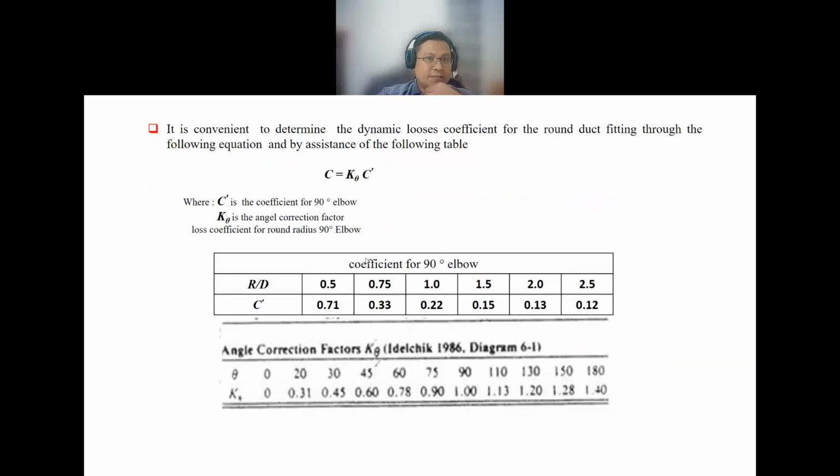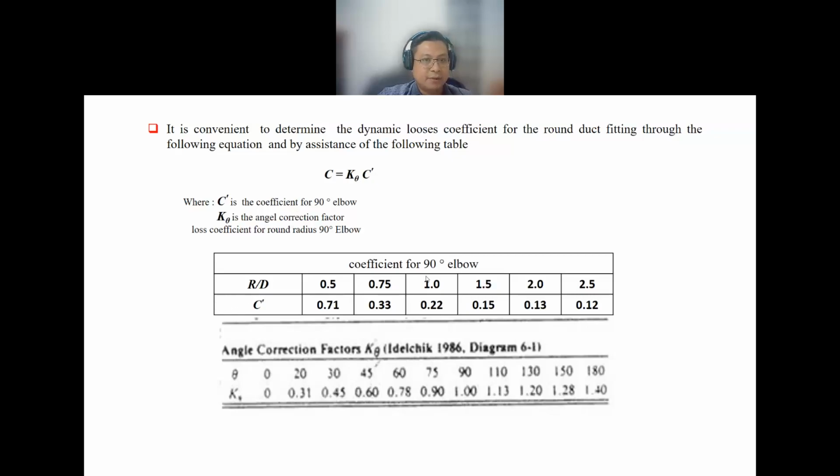It's convenient to determine the dynamic loss coefficient for the round duct fitting through the following equation and with the assistance of the following table. So you can see the table, C, which will contribute to the loss coefficient. C prime is the coefficient for the 90 degree elbow, only 90. K theta is the angle correction factor.